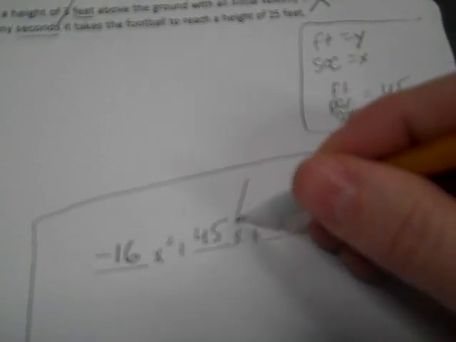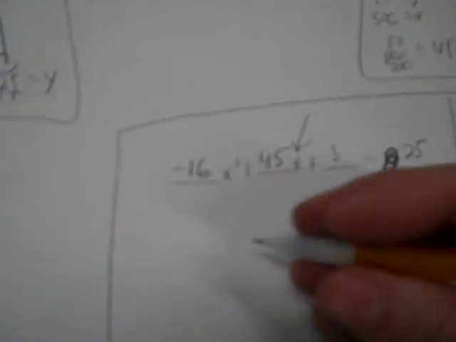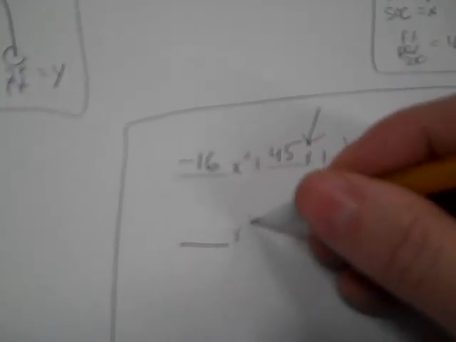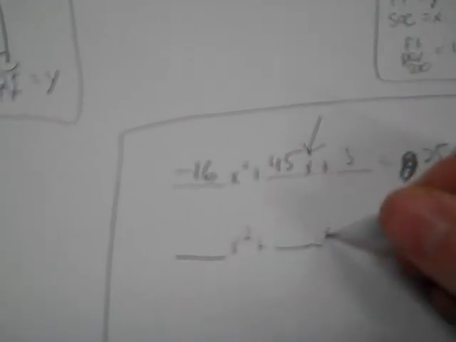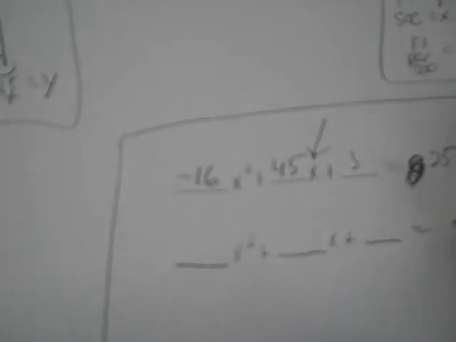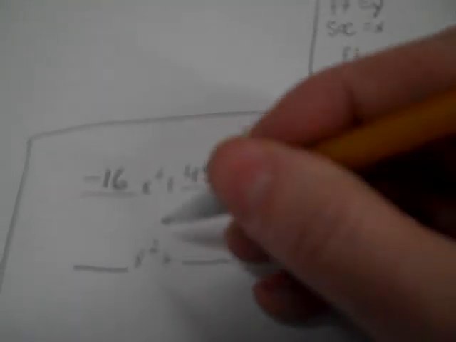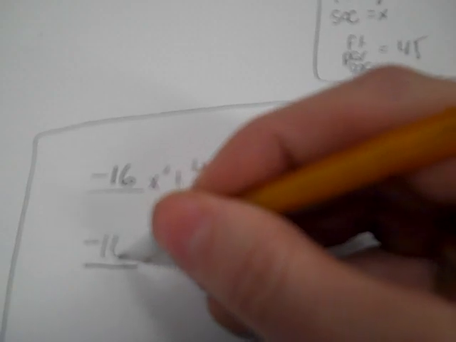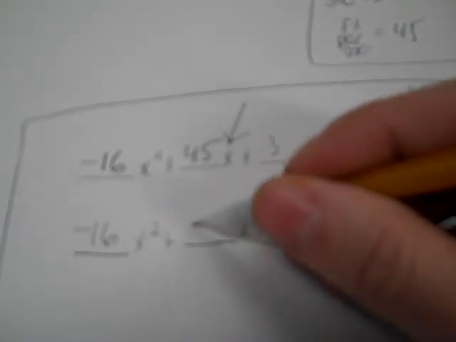Now we also have this x that isn't to the second, so we have to make sure we're set and then make our boxes. Well, set means I need to see the 0, and I don't see it, so I need to set it myself. 0. So x squared, we have negative 16. X, we have 45.